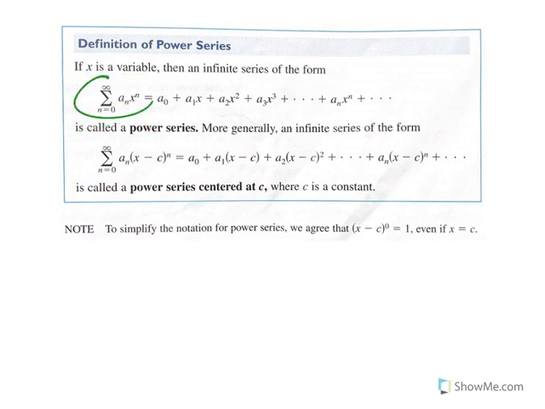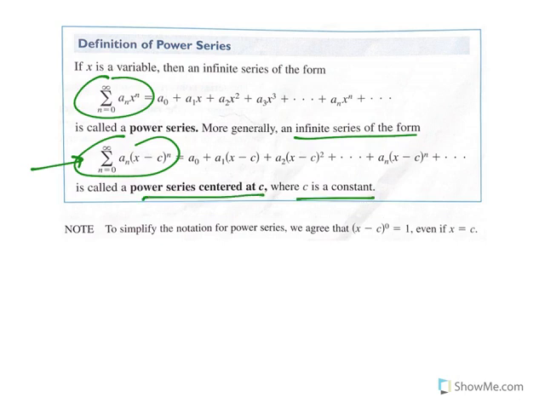The only difference between the first and the second is the center of the power series. More generally, an infinite series of this form is a power series centered at c, where c is a constant. For example, you could have a power series that's centered at 2 or -5, etc. And again, just like with the first example, x is a variable, but once you choose a particular value for x, it becomes fixed.